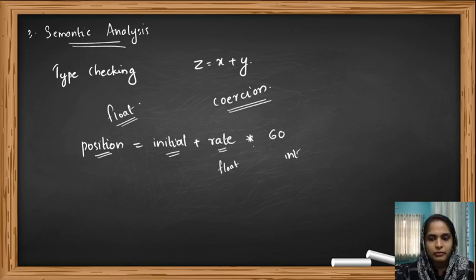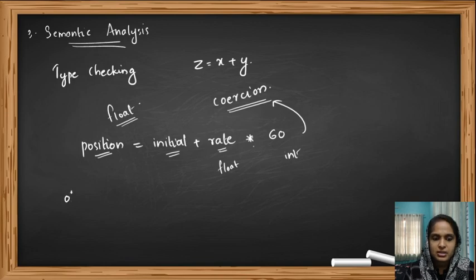In order to perform this operation, we have to convert this integer value 60 to the corresponding float value. That conversion is known as coercion. And after that conversion, we will multiply that decimal 60 with rate. So that is what we do in the third phase of the compiler, that is the semantic analysis phase.